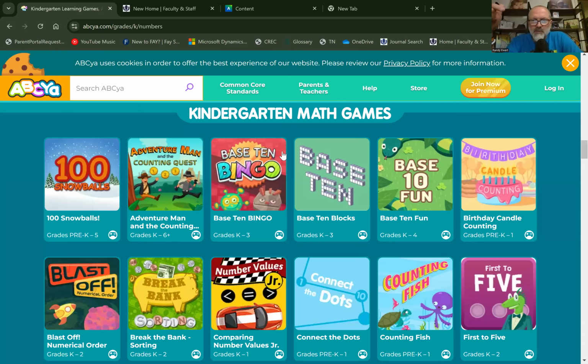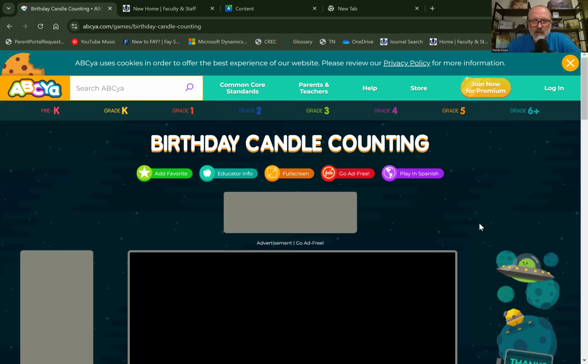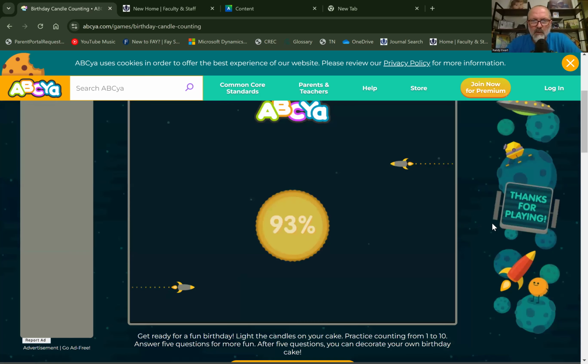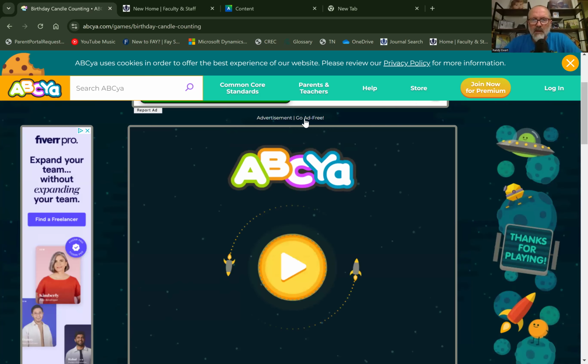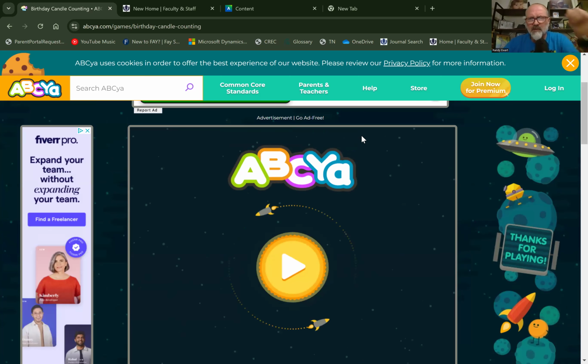Now, I haven't gone through this one either. So again, I'm just modeling for you where you're going to have to look around. And for the third time, I'm going to say it doesn't have to be exact. I just want you to look at possibilities. So here we have one for counting candles. You may have some ads. You have to get an account or pay for something.